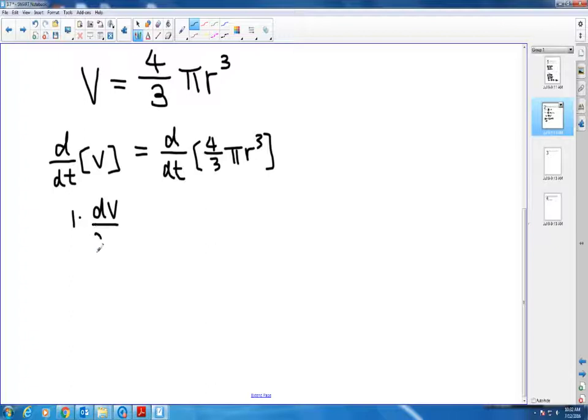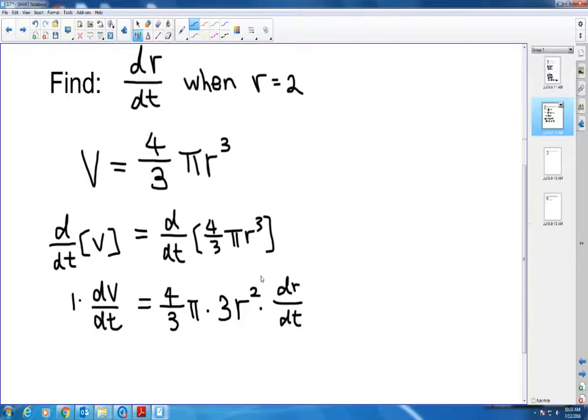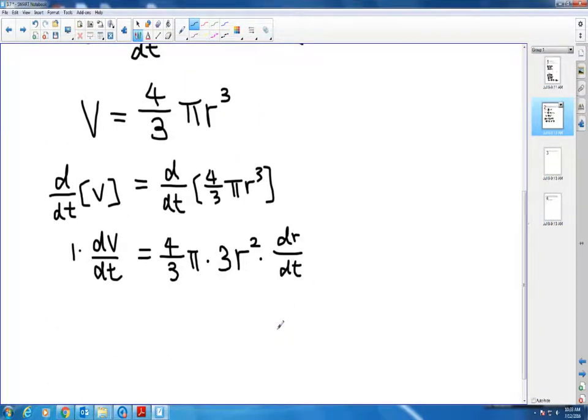dV over dt equal to 4/3 pi, which is constant, so I'm going to pull it out. The derivative of r to the third with respect to time, using chain rule, will be 3 times r squared, dropping the exponent by 1, times dr/dt. In this problem, I need to find dr/dt, the rate of change of my radius.